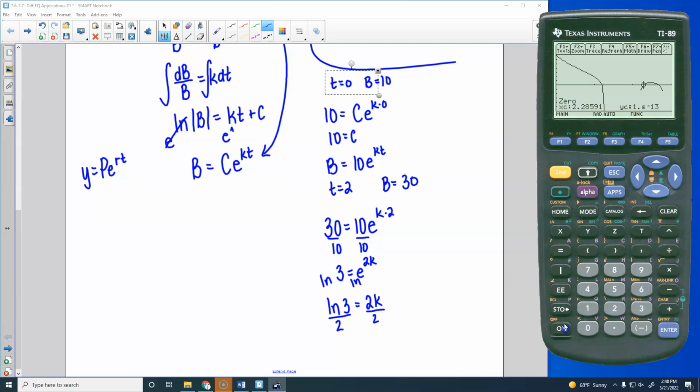Okay, so natural log of, go back to the home screen. Natural log of 3 divided by 2, green button before you hit enter. We should get 0.549306.